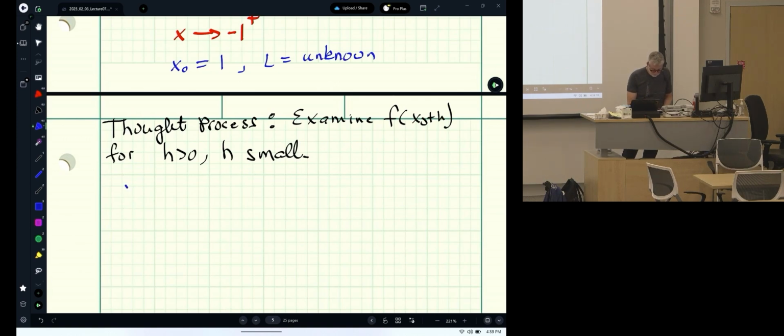So let's do that. We have f at minus 1 plus h.